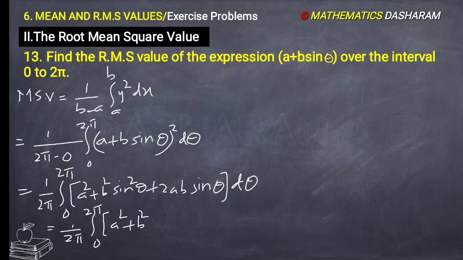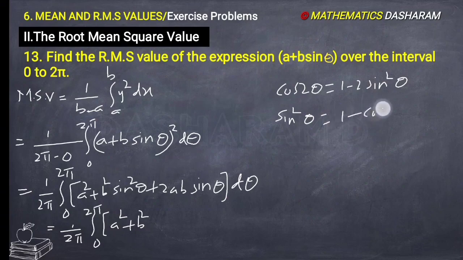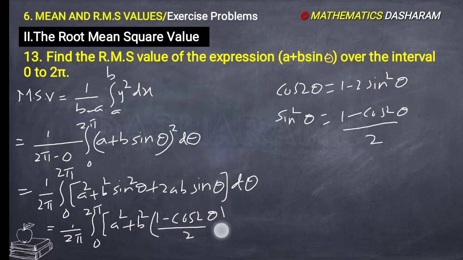Here actually cos 2 theta equals 1 minus 2 sin square theta. From this, sin square theta equals (1 minus cos 2 theta) divided by 2. So here we can substitute (1 minus cos 2 theta) divided by 2 plus 2ab sin theta d theta.